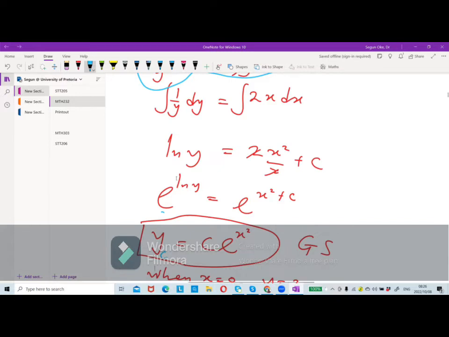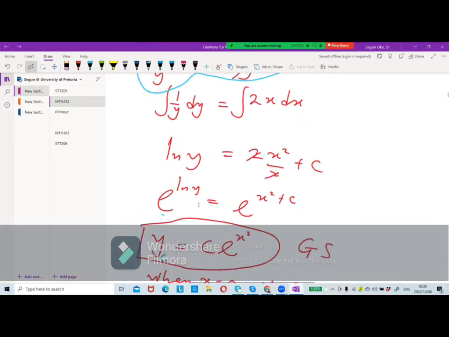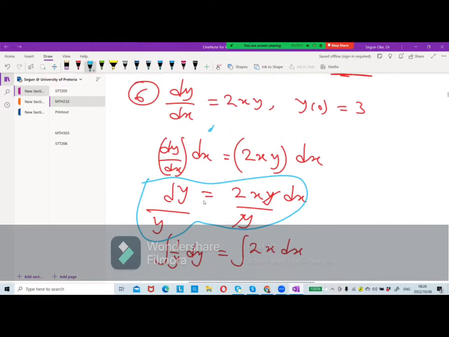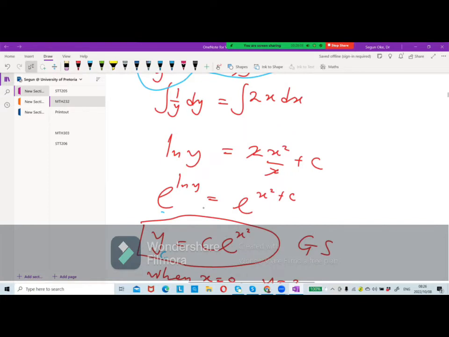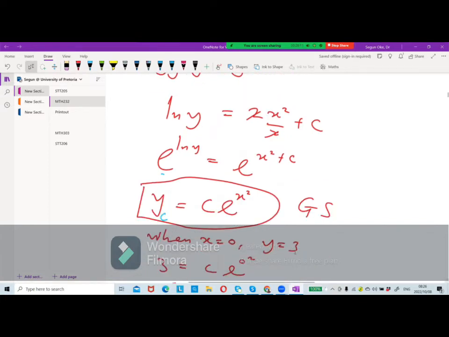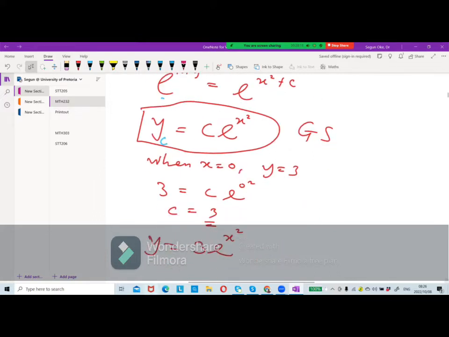But for us to get C, in this case we are given an initial value here. So we have to substitute this initial value into this place. That is, when x is equal to 0, what happened to y? Our y is equal to 3. So we substitute it here to get our C. So at the end of the day, we have this final solution because we have an initial value.